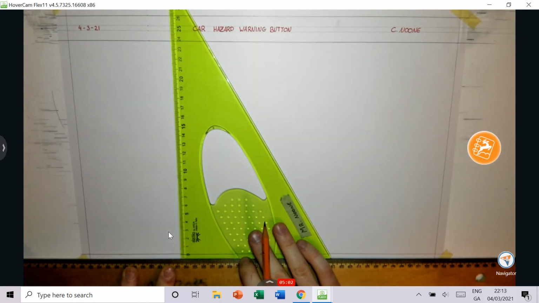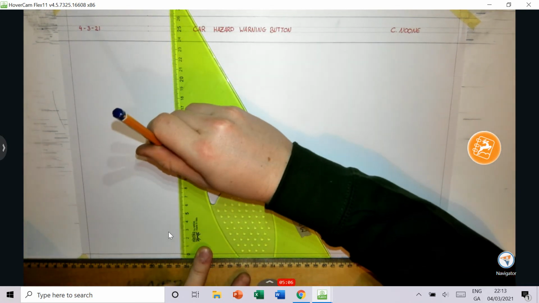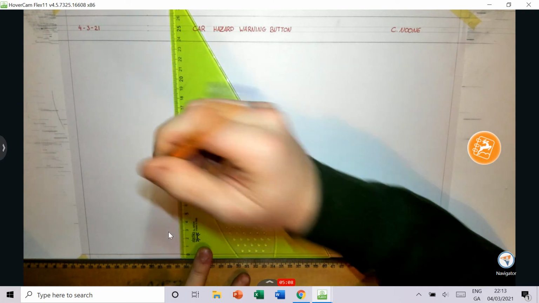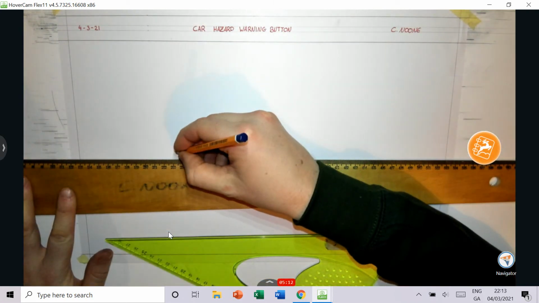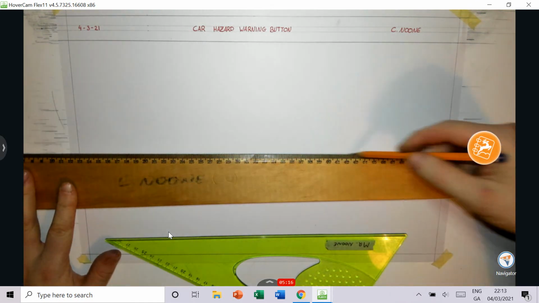If I divide 240 by 2, it's going to be 120. So I'm going to measure up 120 mil and draw a construction line across my sheet like this.